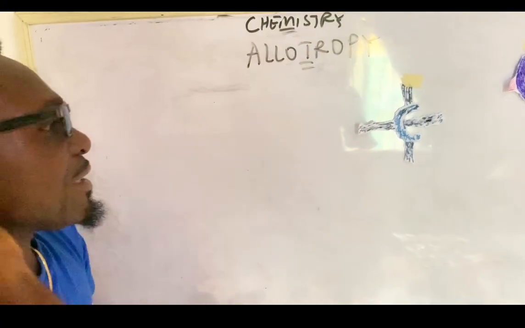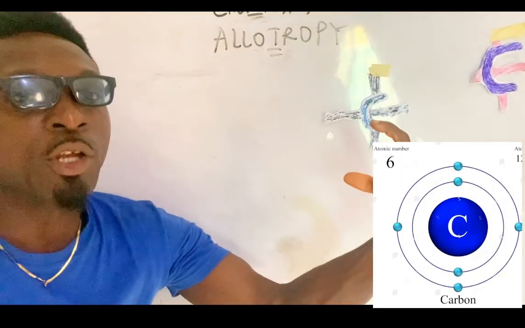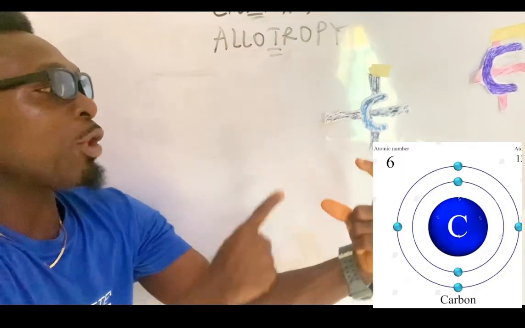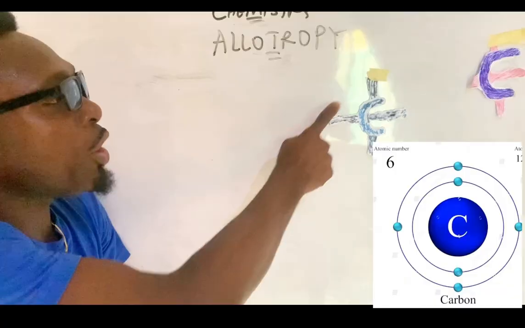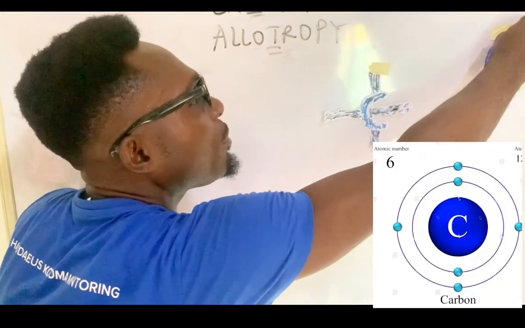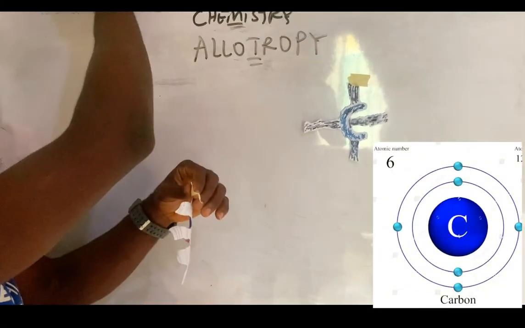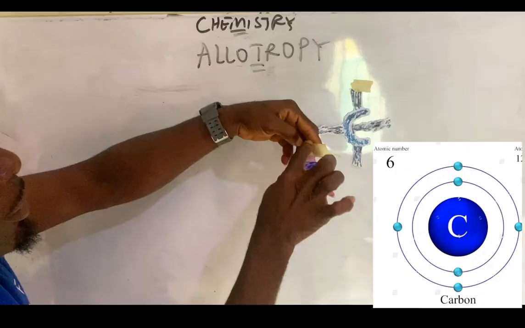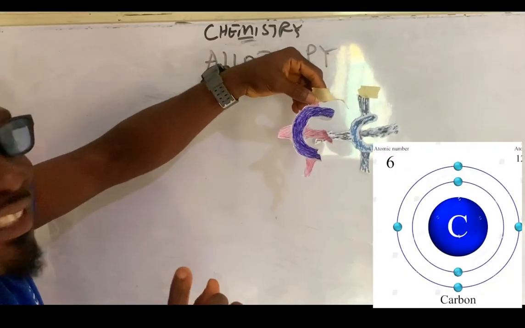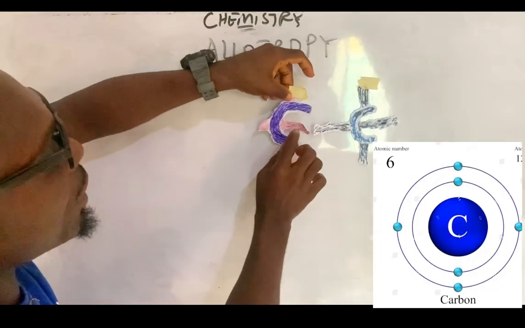Let's take, for instance, a carbon atom, and don't forget it has 4 valence electrons: 1, 2, 3, 4. Now look at the second atom of carbon. You can see it has 1, 2, 3, 4 valence electrons. Now these atoms may be connected to each other in this manner.